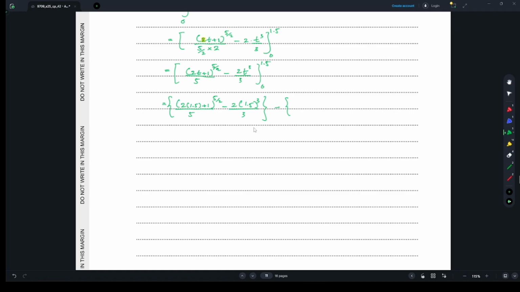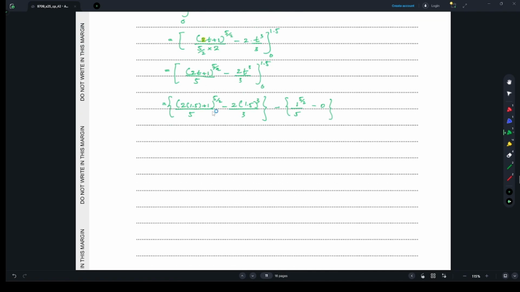So when I put 0 here, I will have 1 to the power 5 over 2 divided by 5 minus 0, because when I put t equal to 0, it's 0.